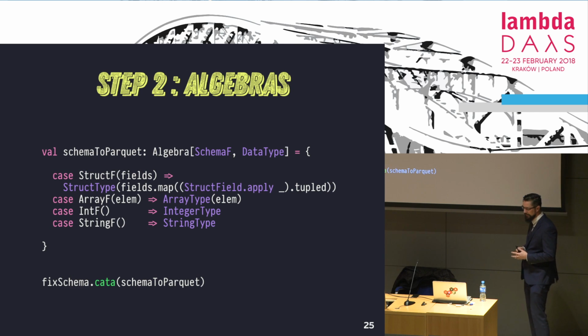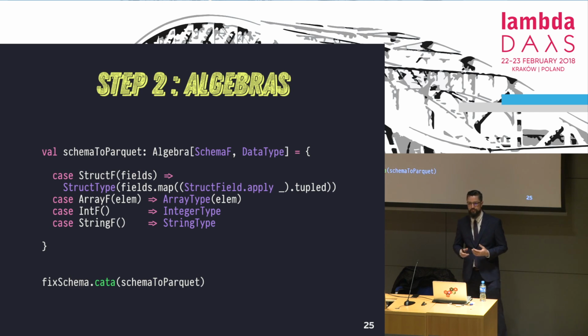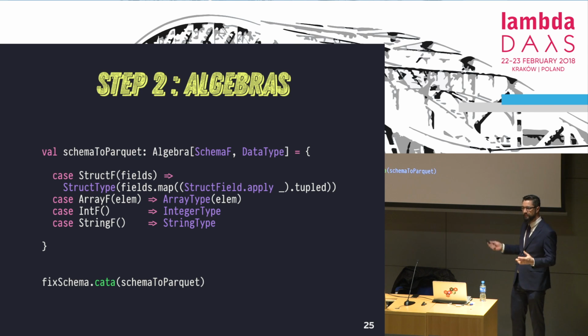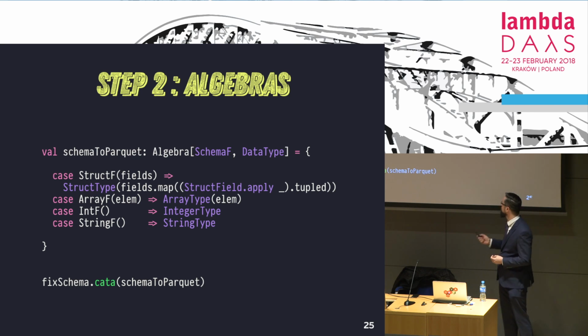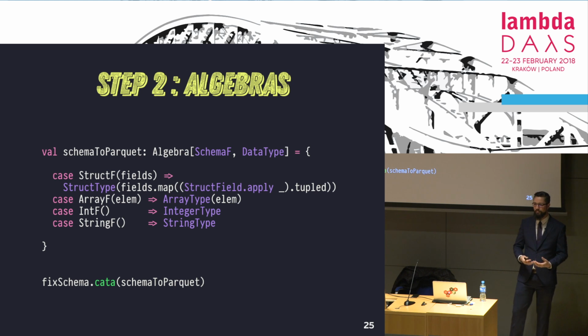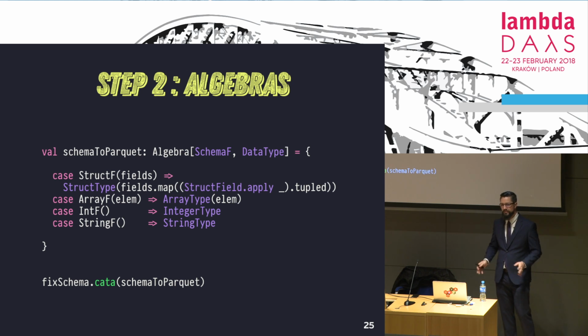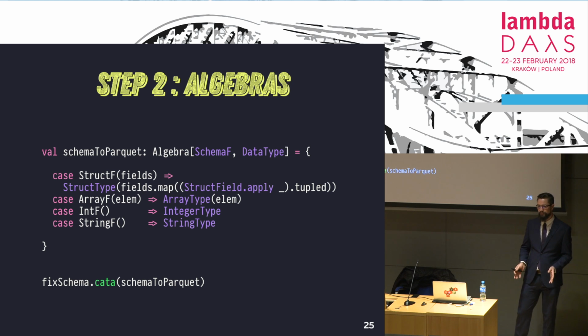So for example, let's write an algebra that converts our schema F to a Parquet schema. In Spark, the name of the type family to describe Parquet schemas is DataType. So this is a function from SchemaF of DataType to DataType. This is the very important point. The field here we get is the result of the algebra applied to the subtrees below. So it's already a Spark DataType, right?